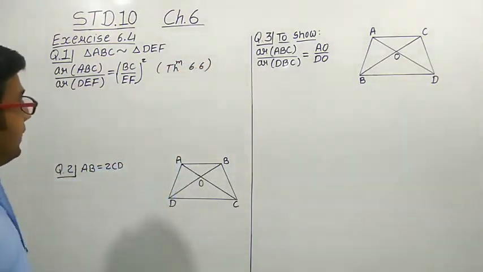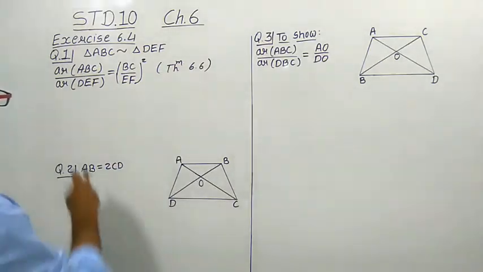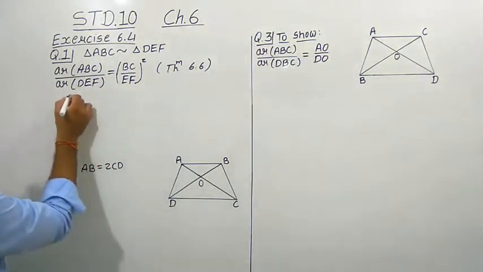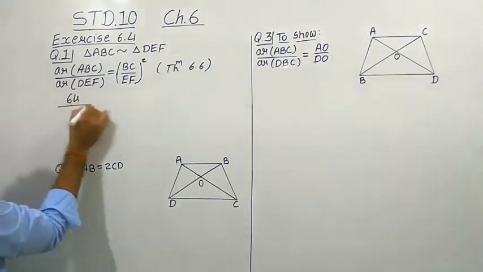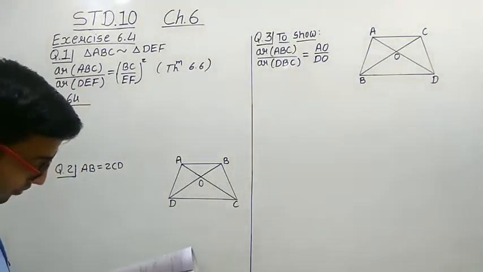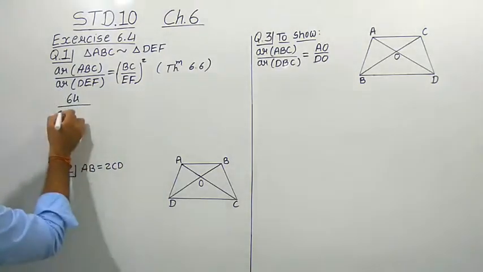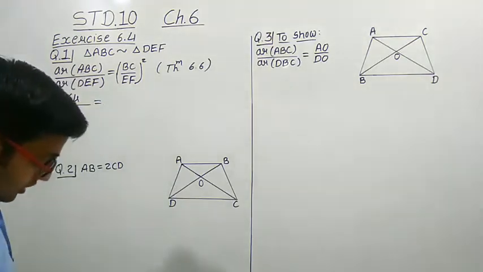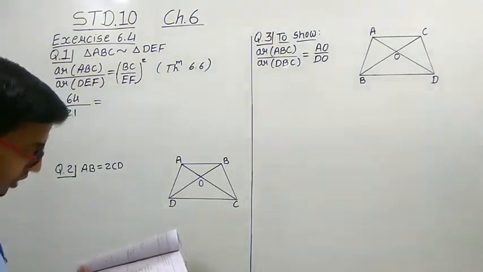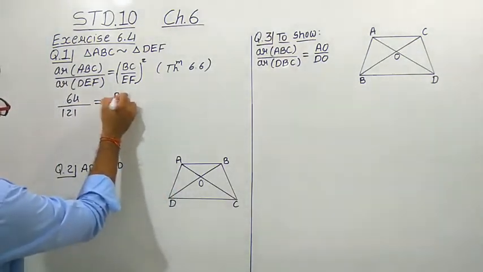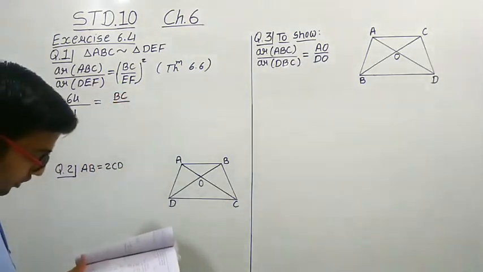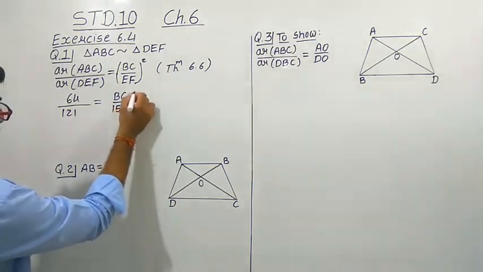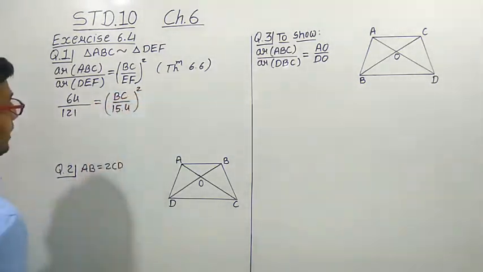So this is how we can write according to theorem number 6.6. Now we are given the area of triangle ABC, which is 64 centimeter square. In the same way, the area of DEF is 121 centimeter square. We have to find BC, and we are given the value of EF, that is 15.4, and this is squared.